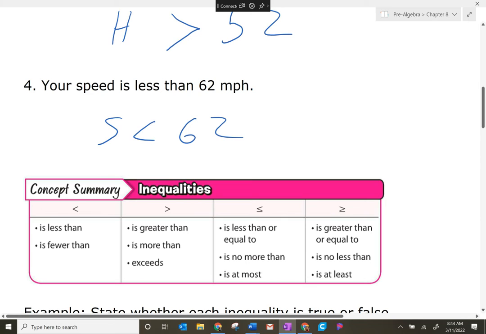Less than or equal to is no more than, so it can't be any bigger than that, is at most. And greater than or equal to is at least, or no less than. You'll see these again. If you need to look them up, they are on page 362 in your books.